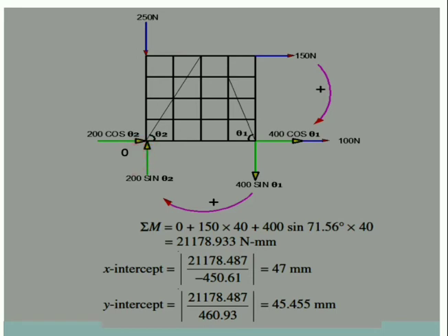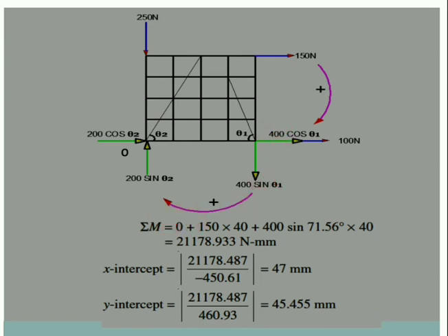So the moments are caused by this 150 Newton force, which moves about point O in a clockwise direction. See here a positive sign is mentioned and this arrow is clockwise. Similarly, the 400 sin theta 1 force will cause a moment with respect to point O, again in clockwise direction.